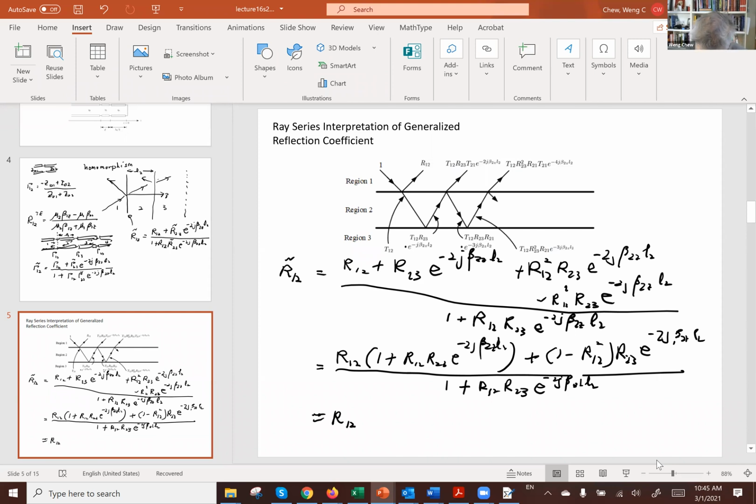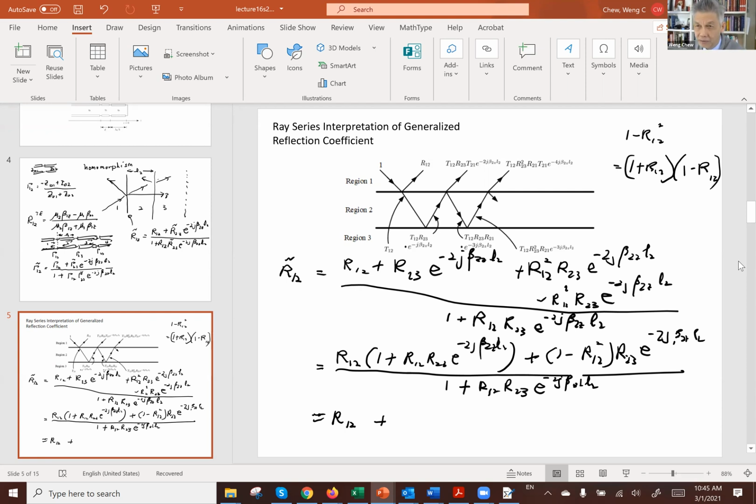And then for the second term, I'm going to use the fact that this can be factorized. 1 minus R12 squared can be written as 1 plus R12 times 1 minus R12. Okay.